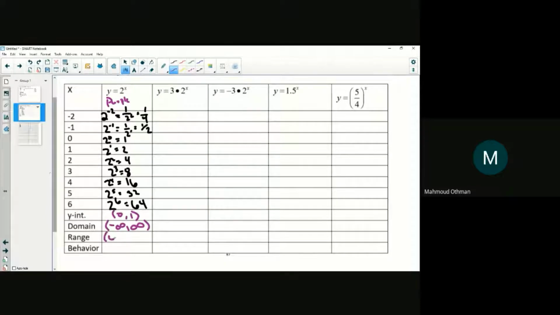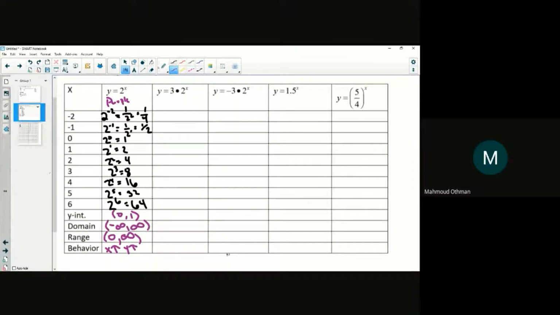And it goes from 0 all the way up to infinity. So the behavior is as x increases, y increases.